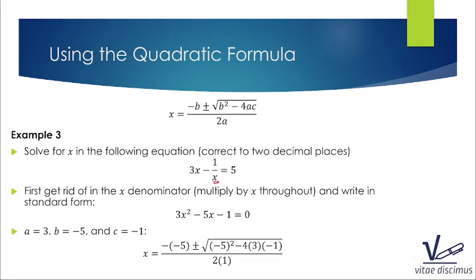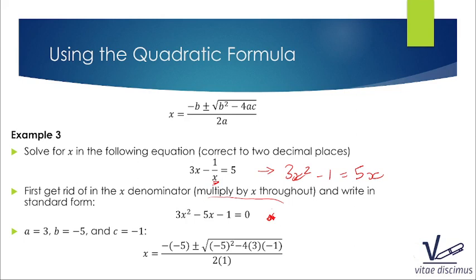You first want to get rid of the x in the denominator by multiplying by x throughout. When you do that, you get 3x squared minus 1 equals 5x. Then you rearrange it into standard form and you get this equation here.